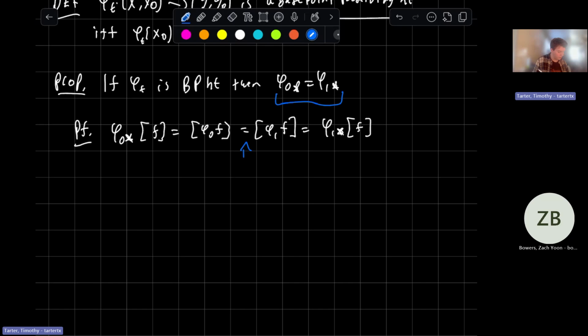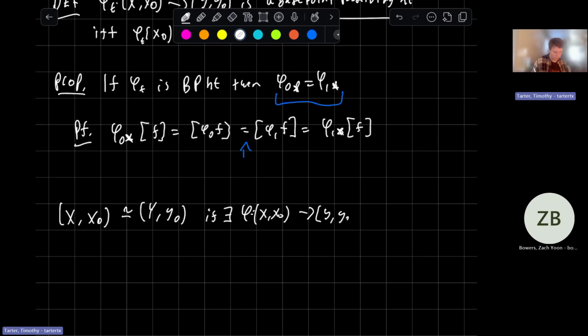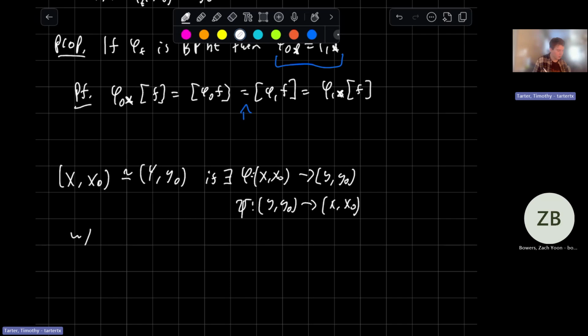So (X, x naught) is homotopy equivalent to (Y, y naught) if there exist phi from (X, x naught) to (Y, y naught) and psi from (Y, y naught) to (X, x naught) with phi psi equal to 1 and psi phi equal to 1 by maps fixing base points.